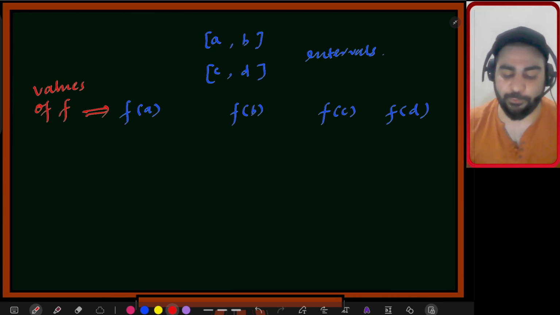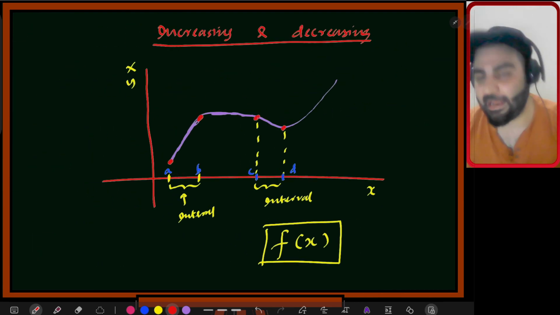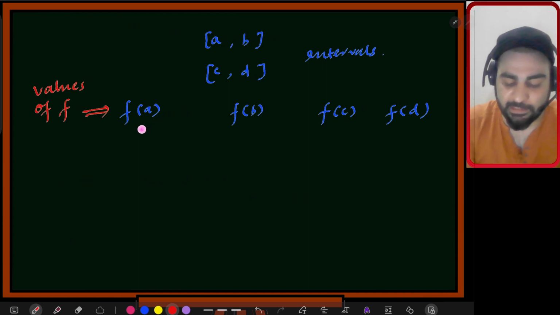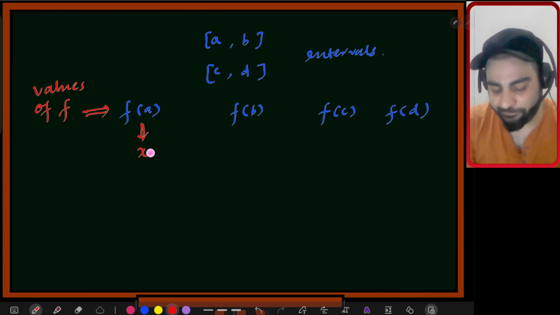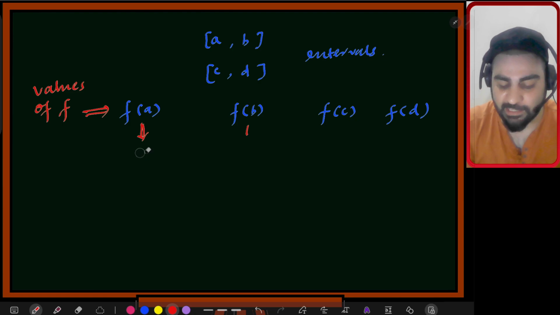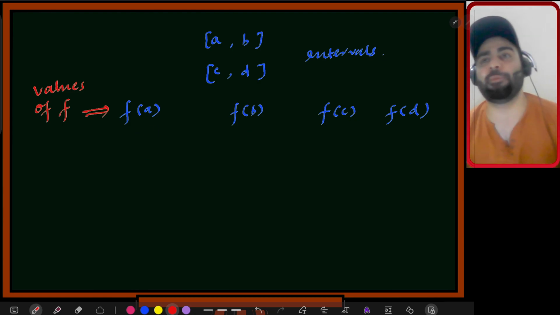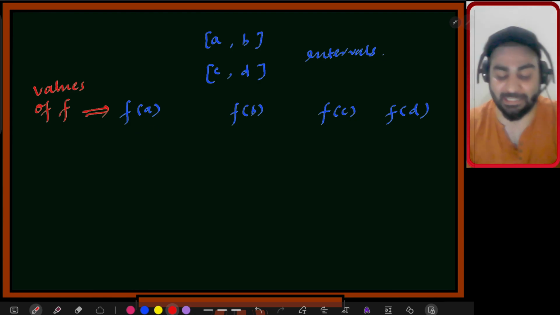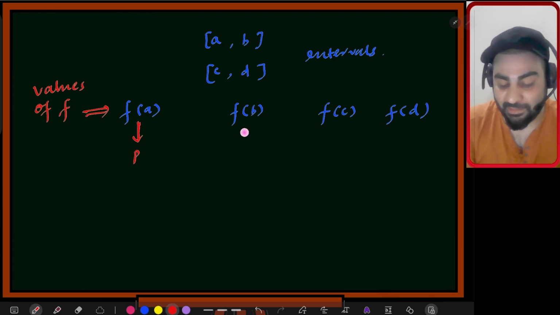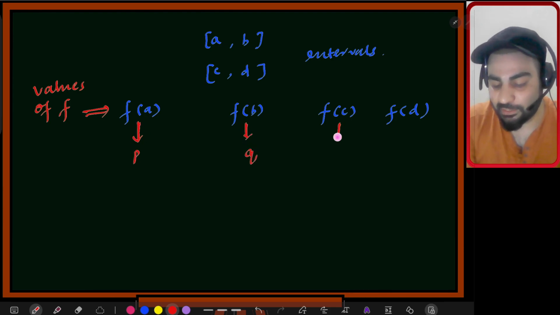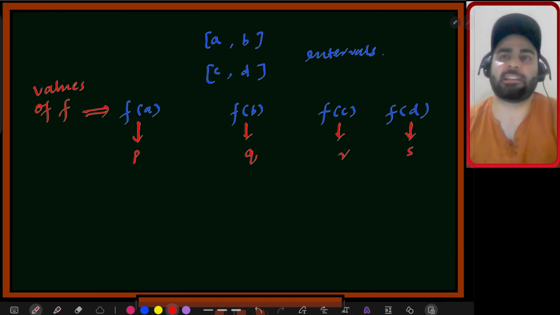Okay. So f of a will have some value. Again, the problem here is naming the variables. Let's call it p, let's call this q, let's call this r, let's call this s. Okay, p, q, r and s. These are basically some values.